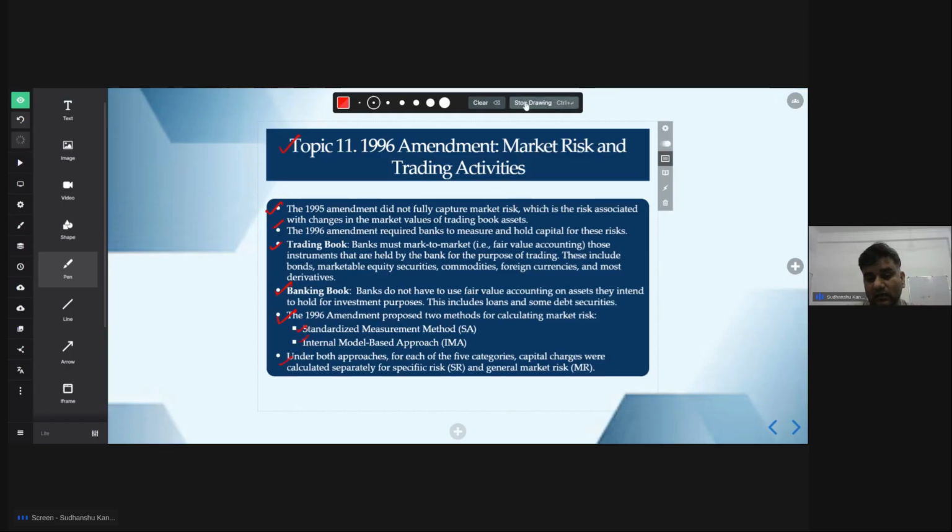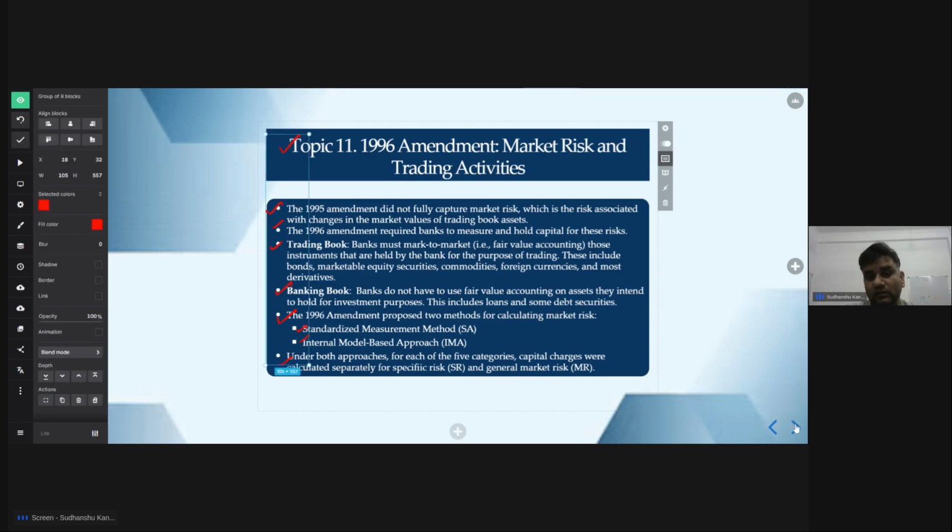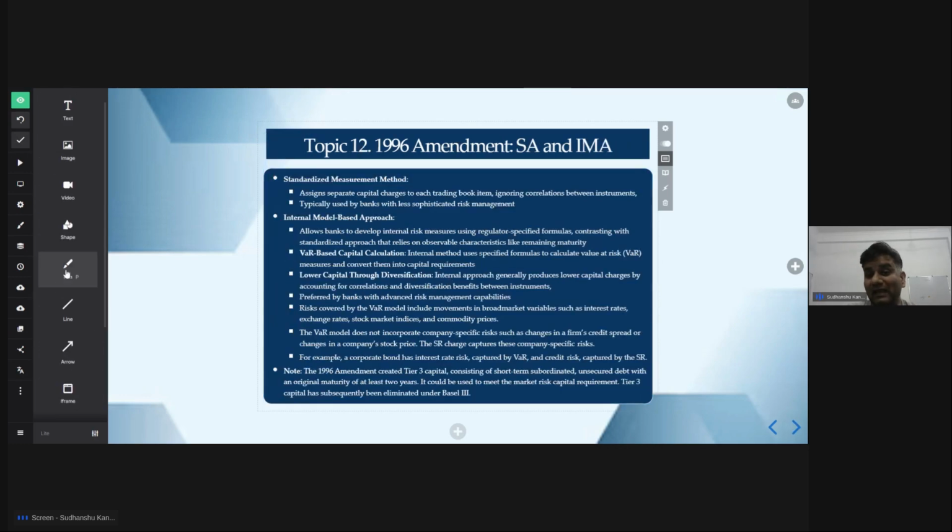And then if you go ahead, right, we need to understand now the 1996 amendment for your standardized approach and internal model approach. Standardized measurement approach, it was regulatory defined rules, no diversification benefit, correlations were ignored, typically used by smaller banks with less sophisticated risk function.